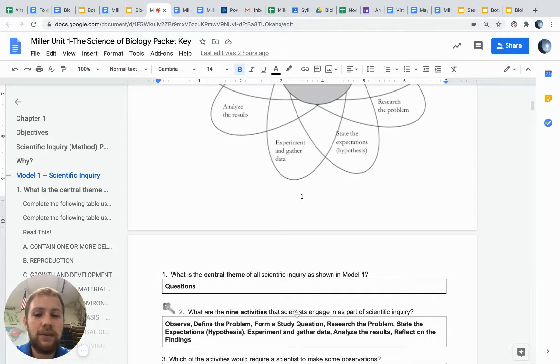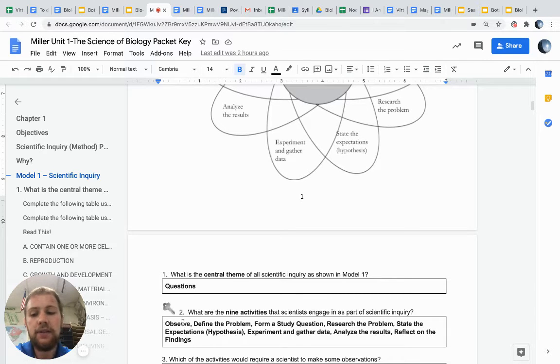They won't necessarily stop and think about, oh, I'm observing this flower is blooming perhaps. They might be formulating a hypothesis while they're observing that and thinking about, okay, why is that? How might I explain that? So don't necessarily think of these as 9 separate steps. Think of them as all necessary activities to complete the scientific method.